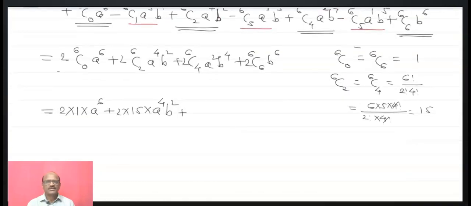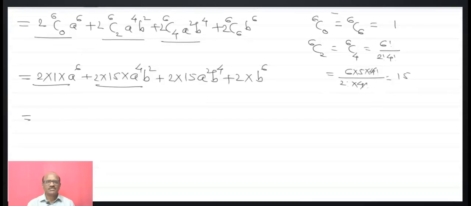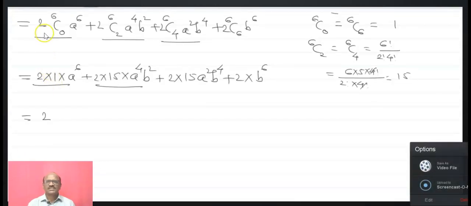Now we'll substitute here, that is equals to 15. Now the terms, that is the 2 times. These are the values. You can see there 6c0 that is equals to 1, 6c2 that is equals to 15, a raised to 4 b square, 6c4 that is again 15, and 6c6 that is the value is equals to 1, and therefore normal simple calculations is there.